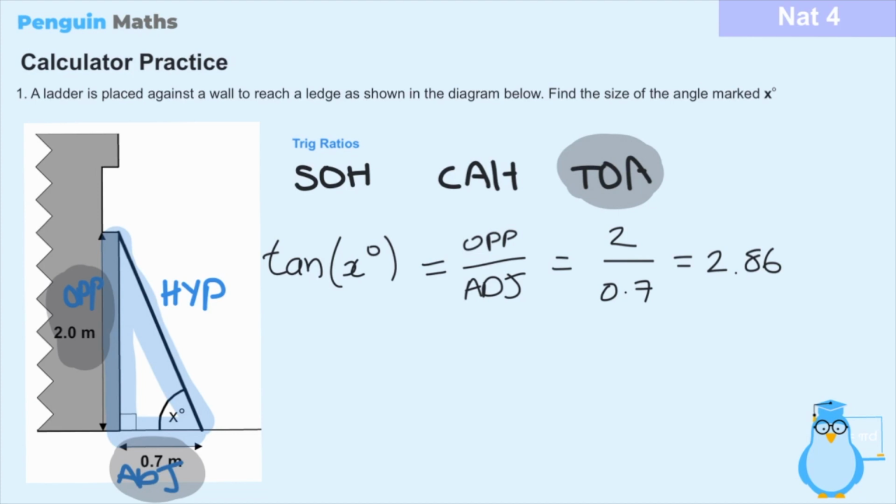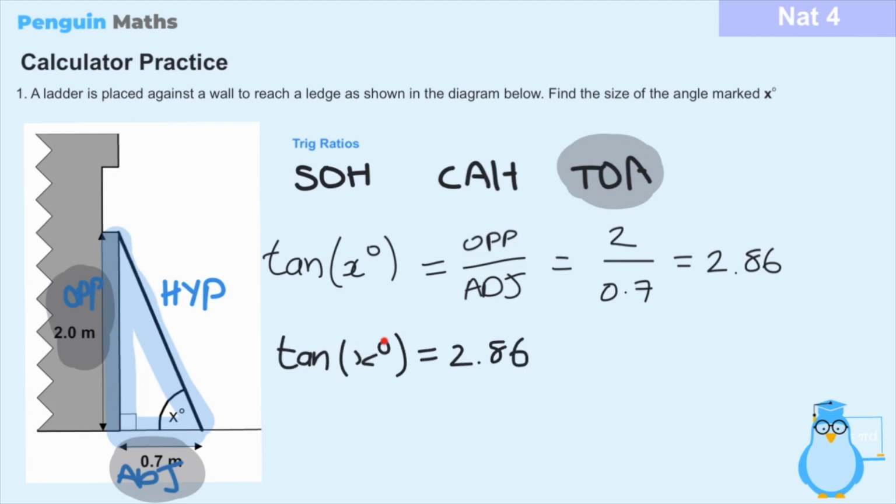You can either put it in this form or you can keep it in the fraction form. If you keep it in the fraction form, you'll get a more accurate answer at the end, but it doesn't really matter. So that means that we have the tan of x degrees is equal to 2.86.